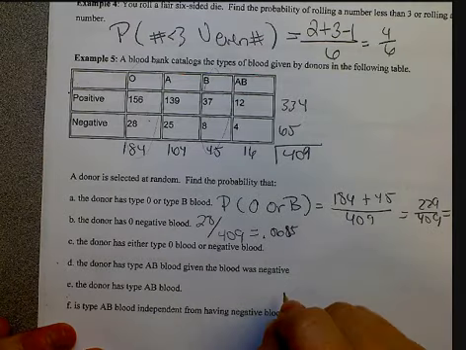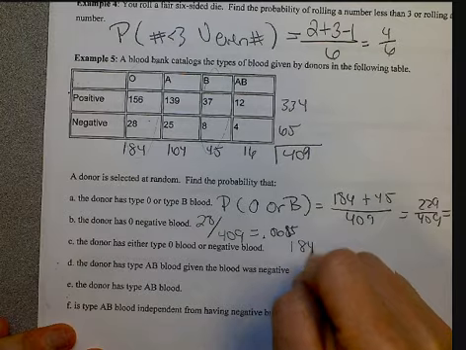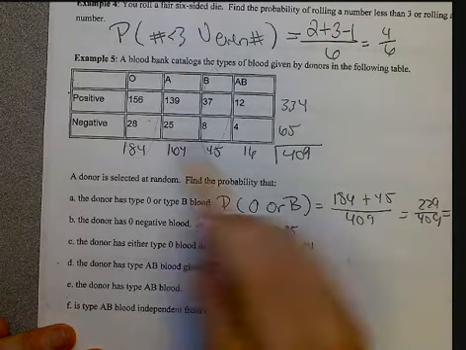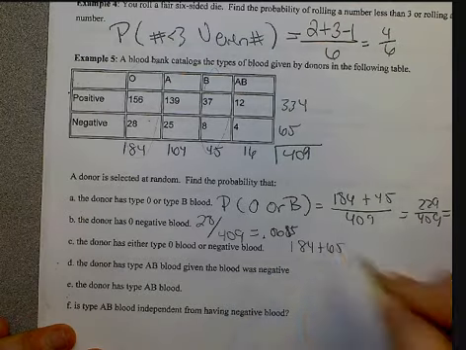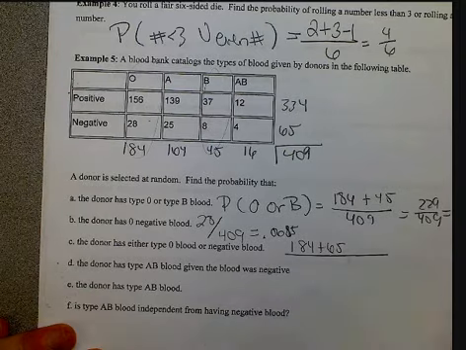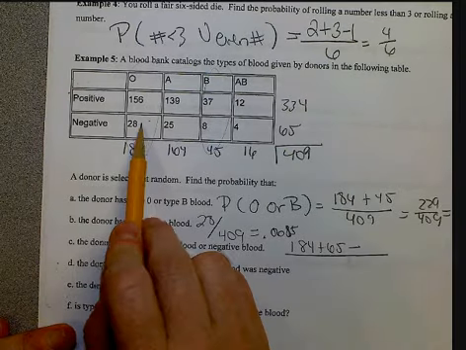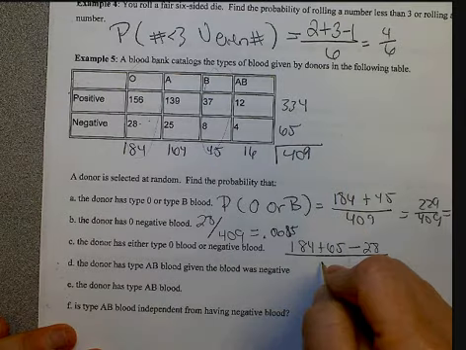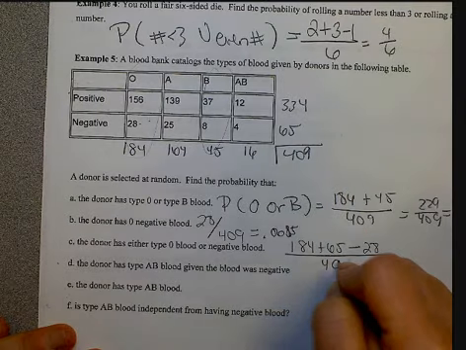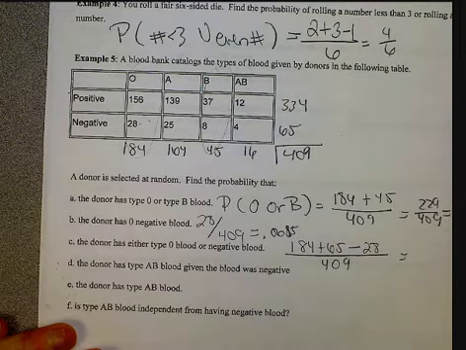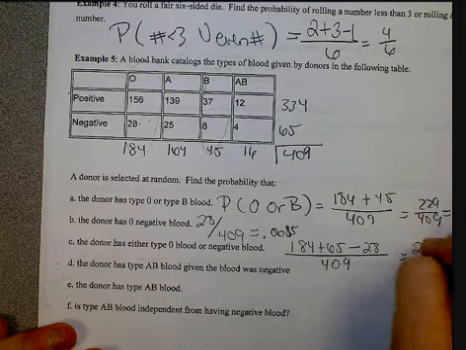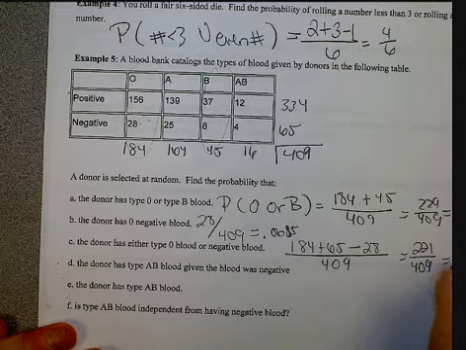So how many type O bloods do we have? We have 184. How many negatives do we have? 65. Will we need to subtract any? We have this group that has O and negative that we need to subtract, so we need to subtract 28 from our total. So we end up getting 221 over 409, which is 0.5403.